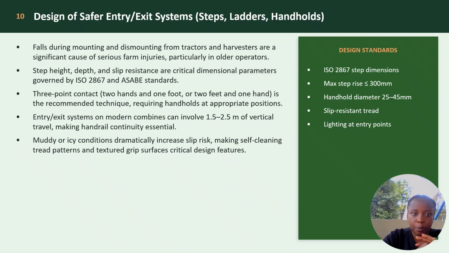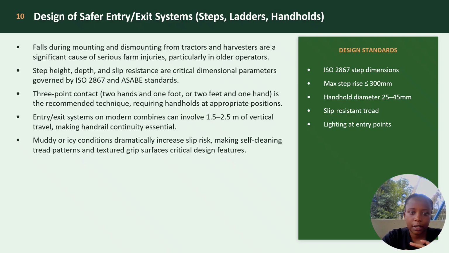The 10th topic is about design of safe entry and exit systems: steps, ladders, and handholds. Falls during mounting and dismounting from tractors and harvesters are a significant cause of serious farm injuries, particularly in older operators.